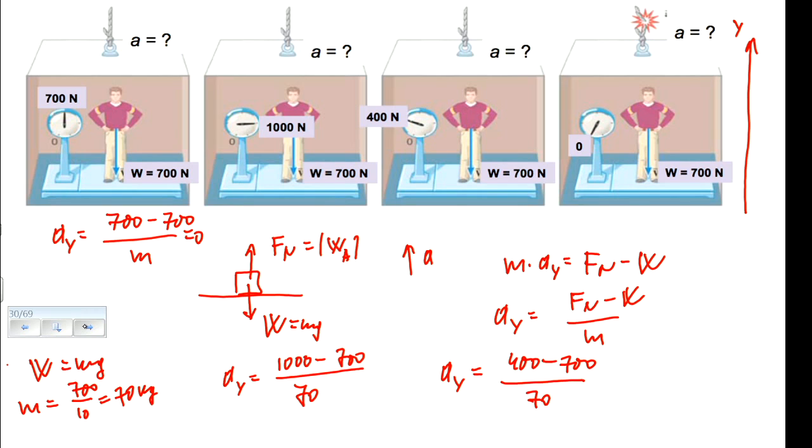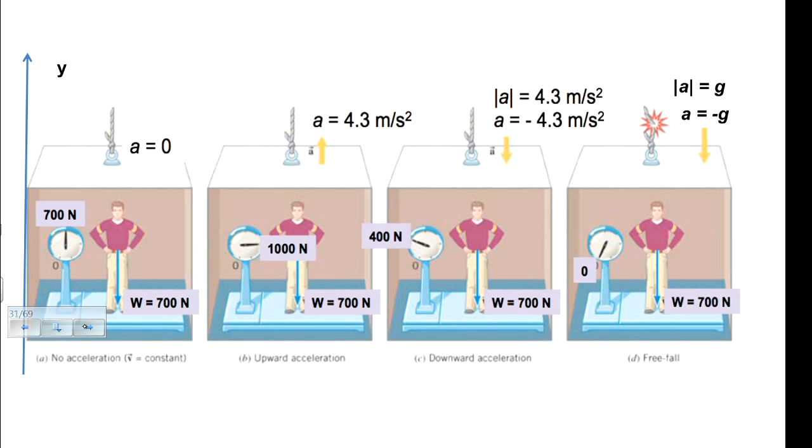And finally here, what does it mean? It means he's just falling down.